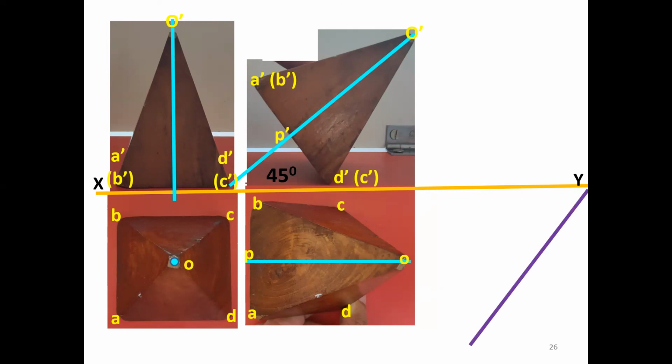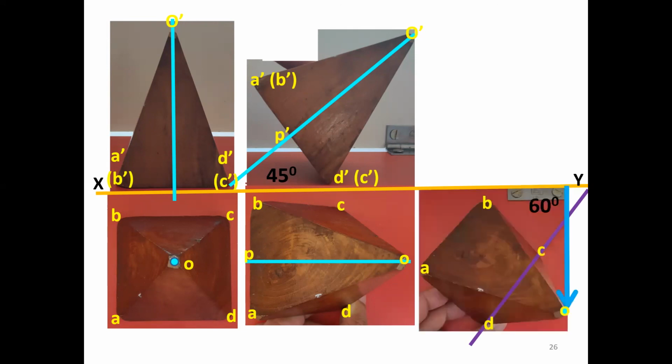Next, the resting base DC is kept at 60 degrees with VP in the top view, while additionally satisfying the conditions that the apex is away from the vertical plane and on the right side of the observer.